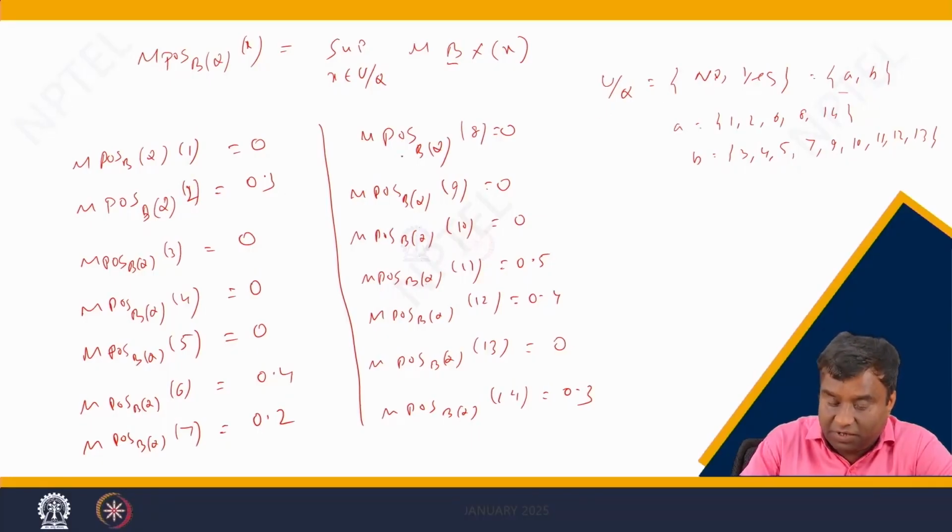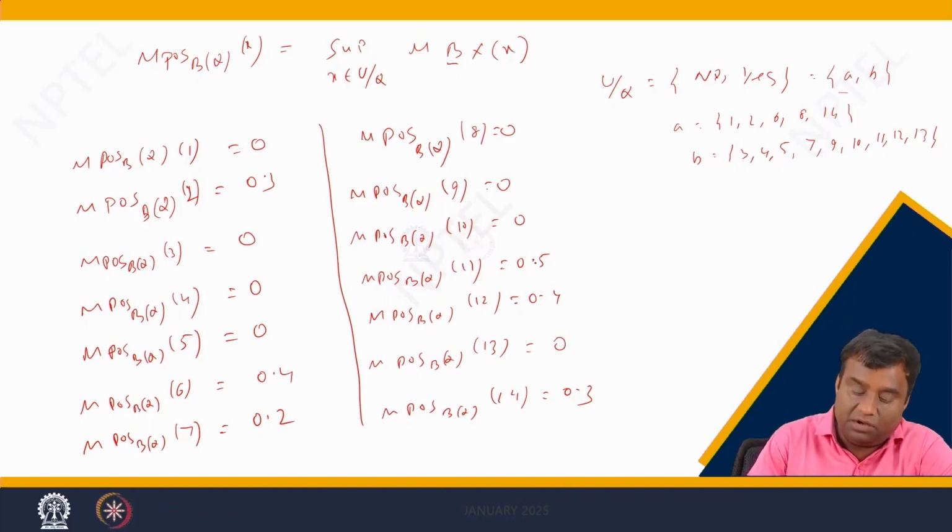Basically these values are the same for A as well as B, so the same value will be the maximum, as these two are equal for all of these. So we get these values as the positive region.